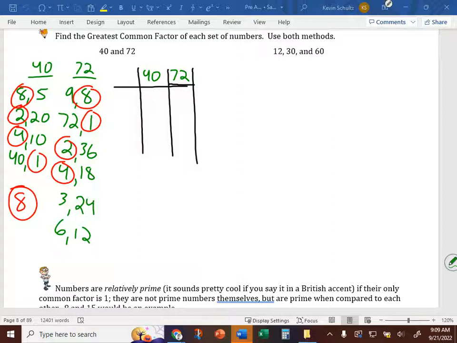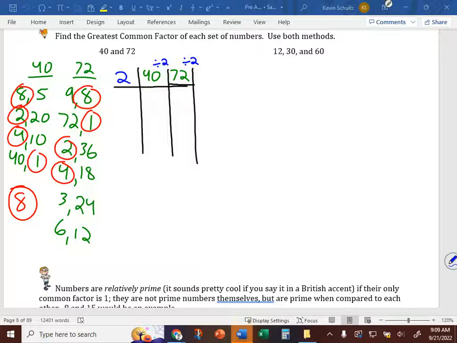You can't use 1 because of what we'd have to do next. Okay, 2. So we know that 2 goes into both 40 and 72. The 2 goes in that far left box there. Then we're going to divide 40 and 72 by that number. That's why we can't use 1, because 40 divided by 1 is still 40, right?